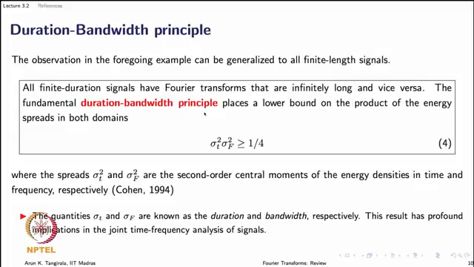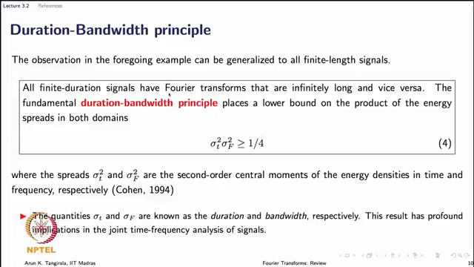It states that all finite duration signals that have Fourier transforms have infinitely long Fourier transforms, and also that if the signal exists for infinite time, then its Fourier transform or the energy density will exist only over a finite interval in frequency.